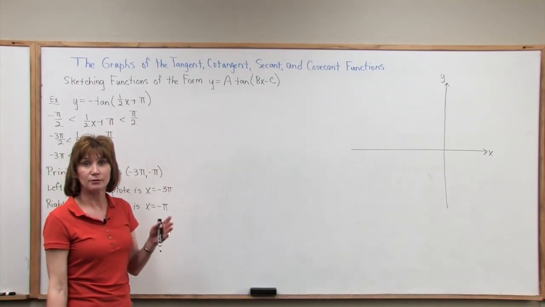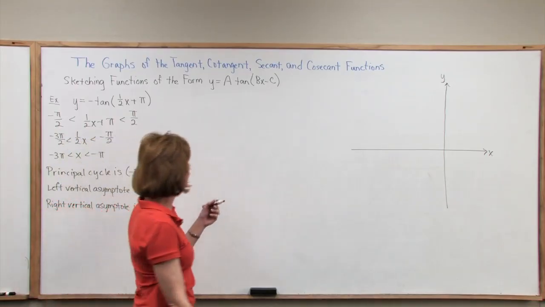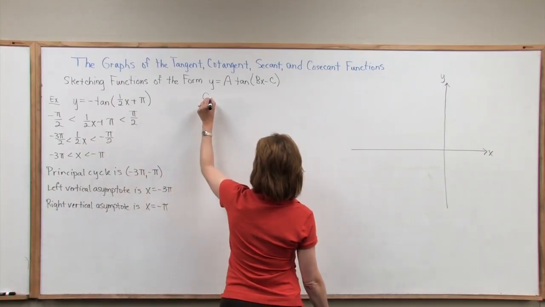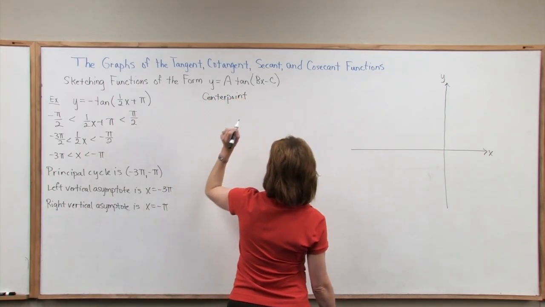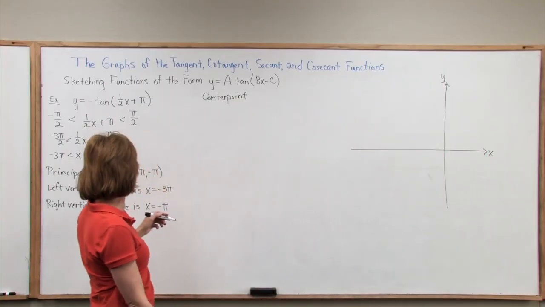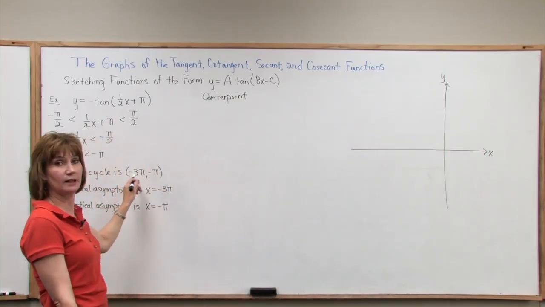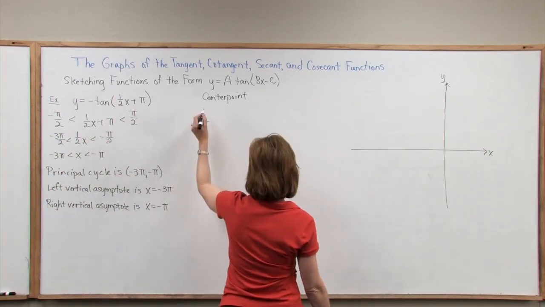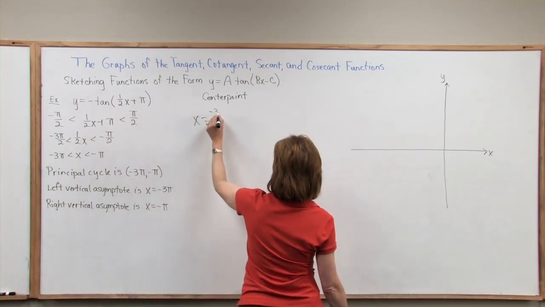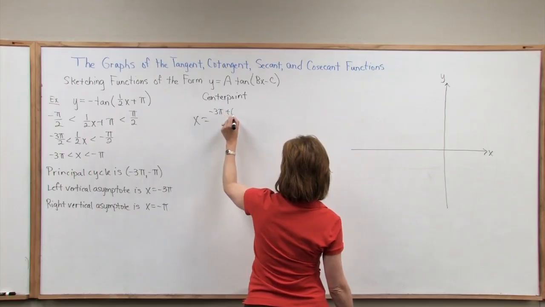Now let's find the 3 special points. Let's find the center point first. Well, recall the center point is located midway between the left and the right vertical asymptote.